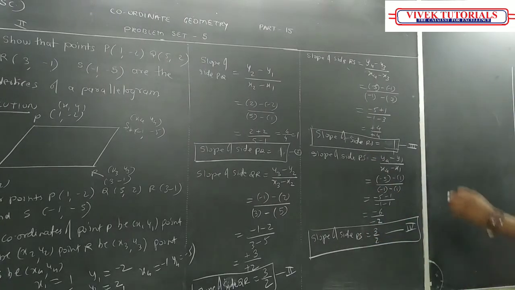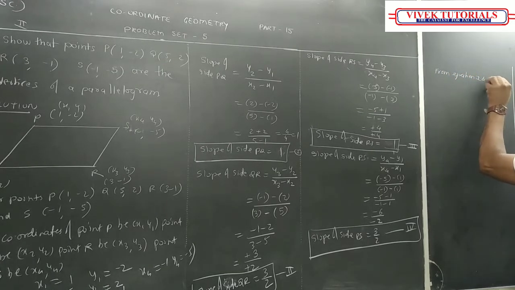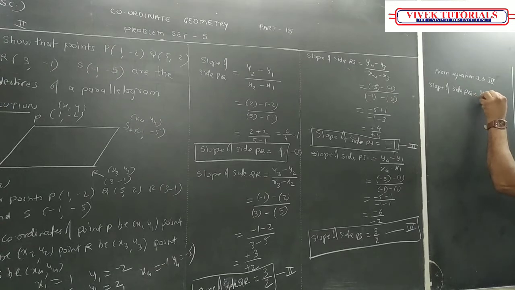Okay. So from equation 1 and 3, I'll get slope of side PQ is equal to slope of side RS.